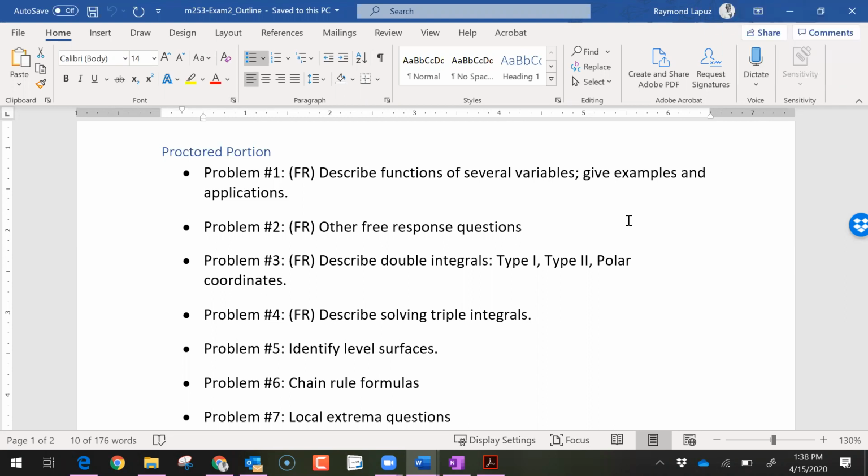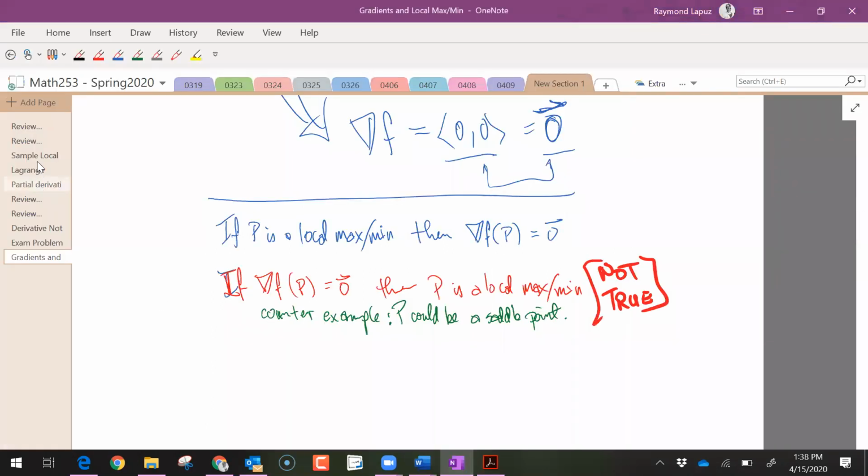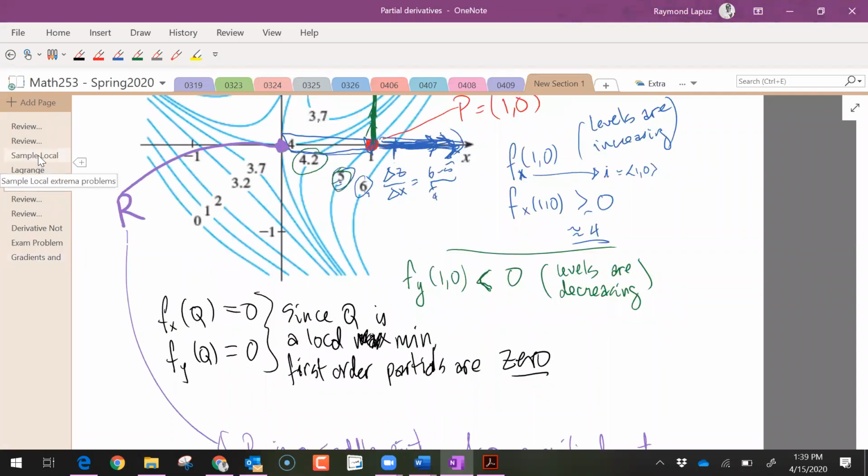I'm still confused about the problem we were talking about yesterday, number 10. Finding the maximum and the minimum values. It's a level function, and it has an ellipse in it.